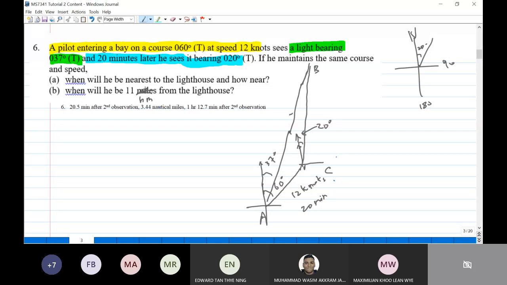So if you want to draw it, label ABC. It doesn't matter how you label it, but be consistent. So let's see what I have done here.